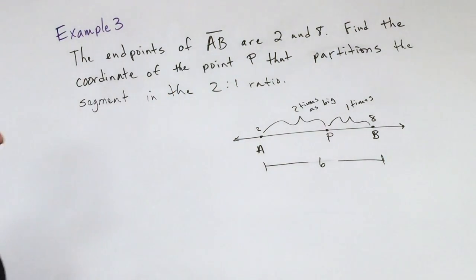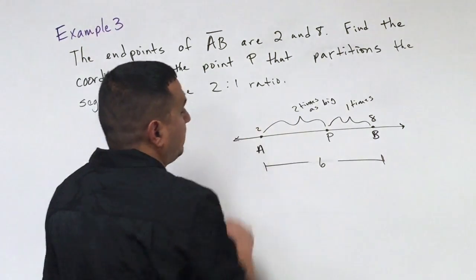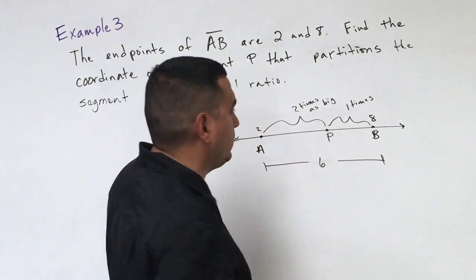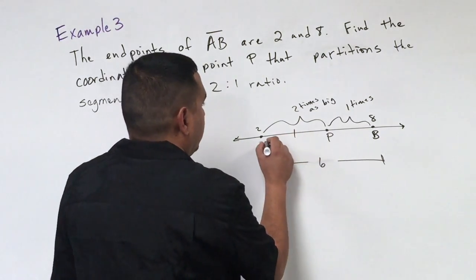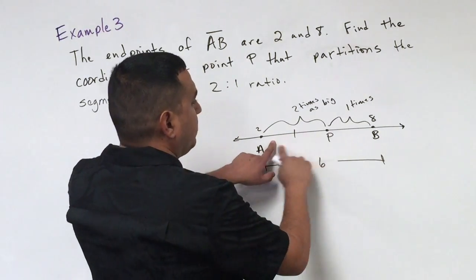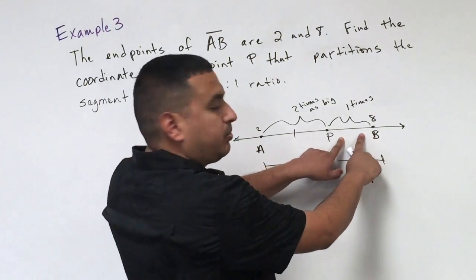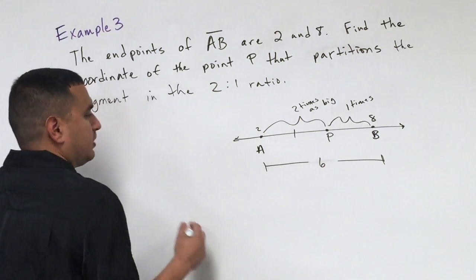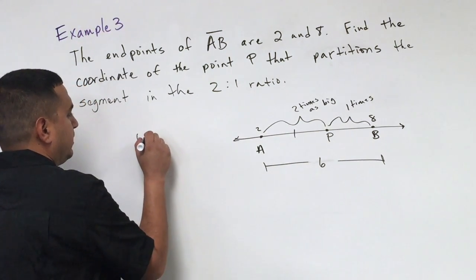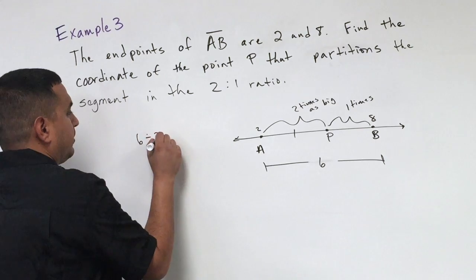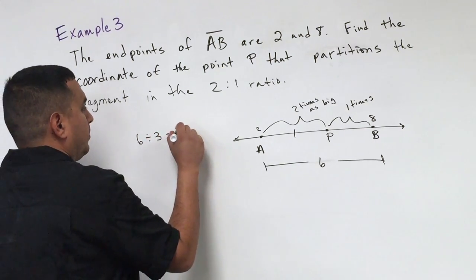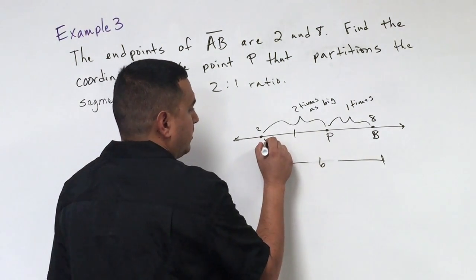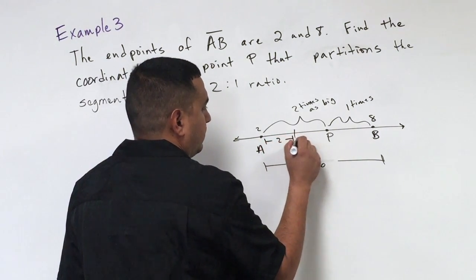Now this 2-to-1 ratio, really what that's saying is I'm breaking this up into 3 pieces. So this part right here would represent the 2 parts versus the 1 part. So what I have to do with this length of 6, I'm going to take the 6 and divide it by 3, which gives me 2.